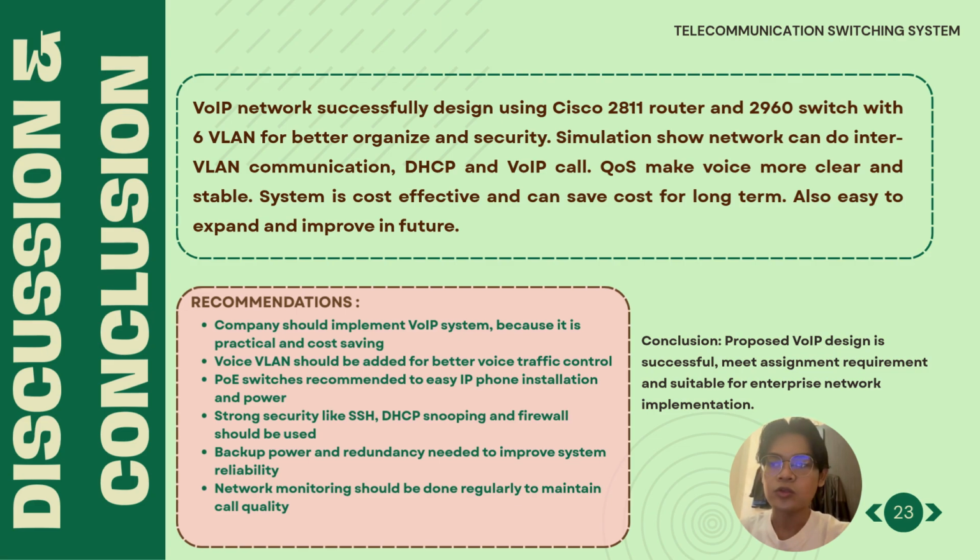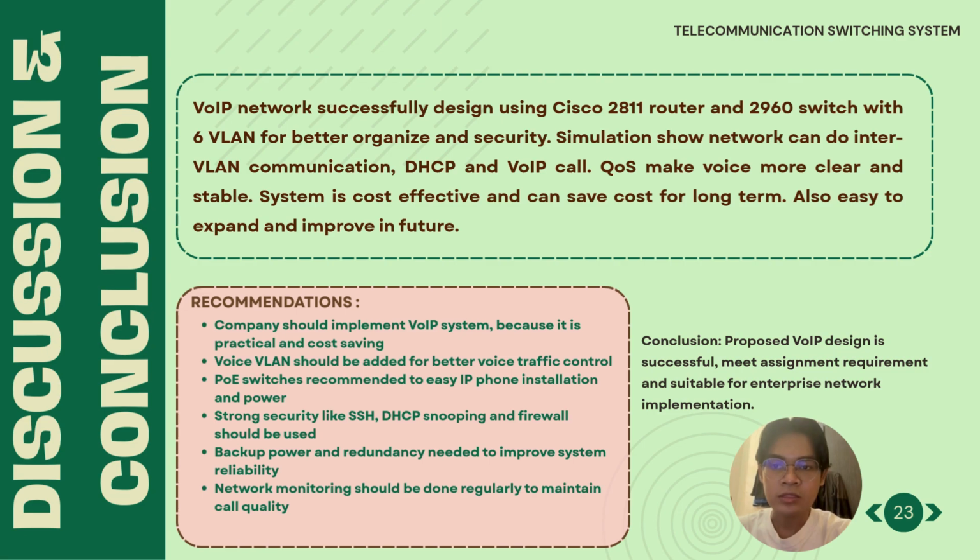Alright, we are going to our last slide for discussion and conclusion. For discussion, the VoIP network was successfully designed using Cisco 2811 router and 2960 switch with 6 VLAN for better organization and security. The simulation shows how the network can do inter-VLAN communication, DHCP, and VoIP call.